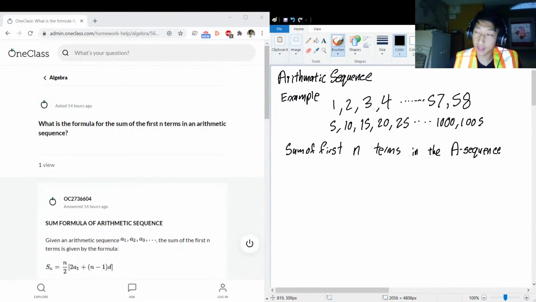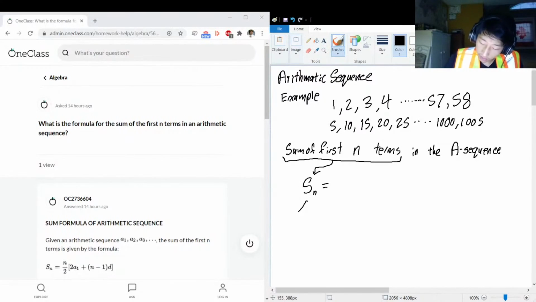The sum of the first n terms is this equation. We can represent the sum of the first n terms with the big S and a subscript n: S for sum, n for the n terms.